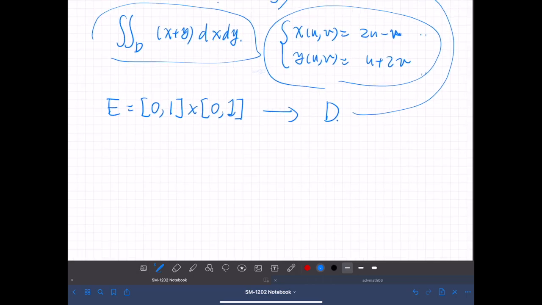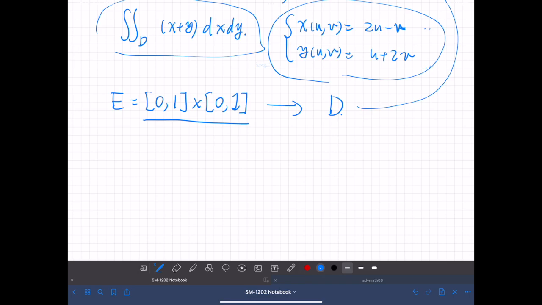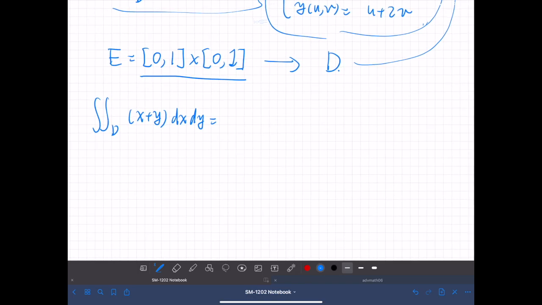So we can change the variables like this, and we can integrate on this region with respect to u and v. So this integral is equal to, oh, wait a minute, we have to calculate the Jacobian first.